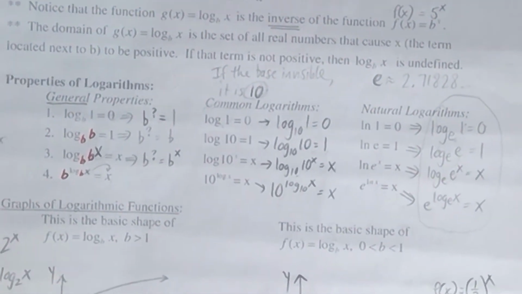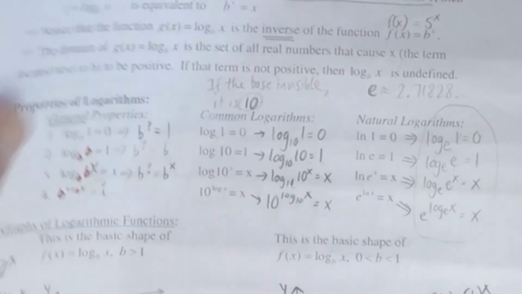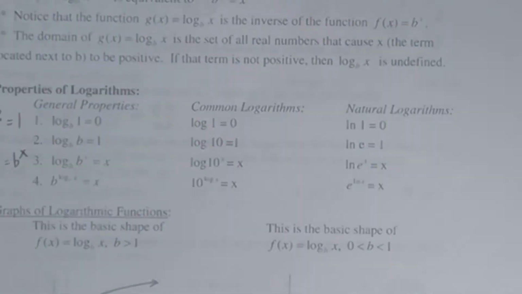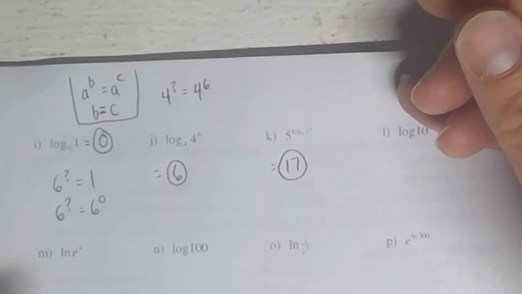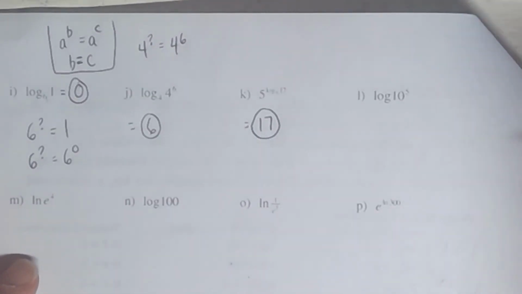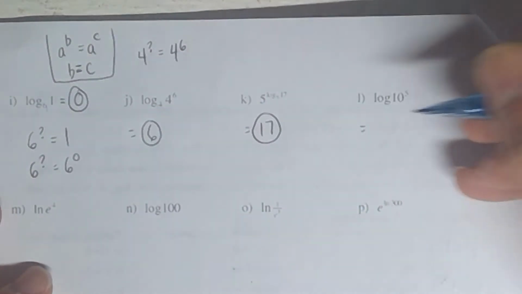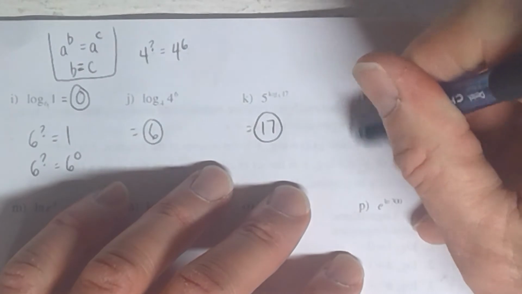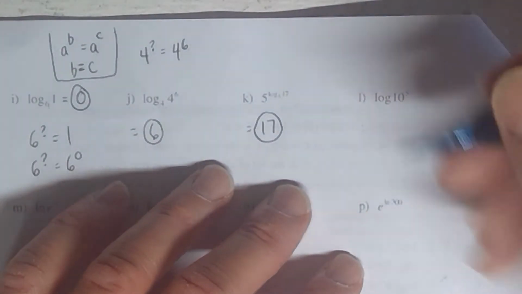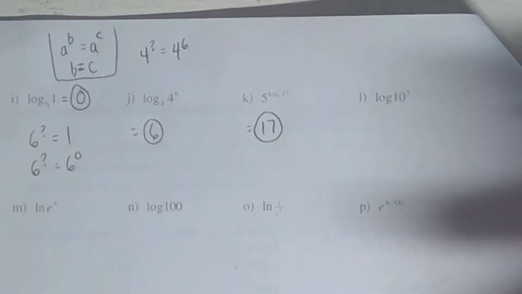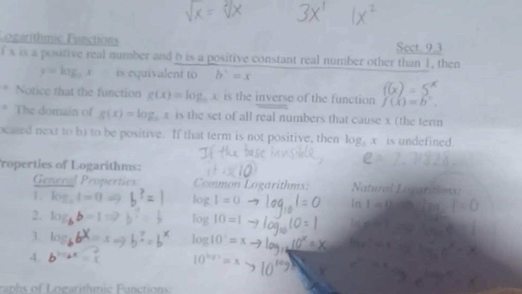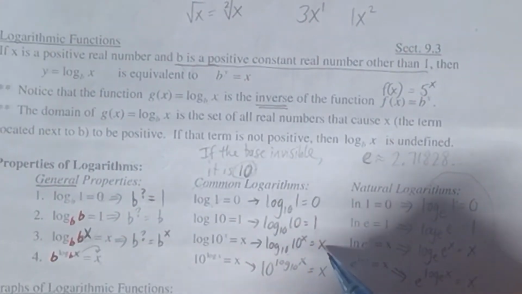So moving forward here, going on to the back again. Let me pull that out here. So, with that in mind, we know that the invisible base right here is 10, and so you can use that property on the front right here that says that log base 10 of 10 to the 5th power is 5.